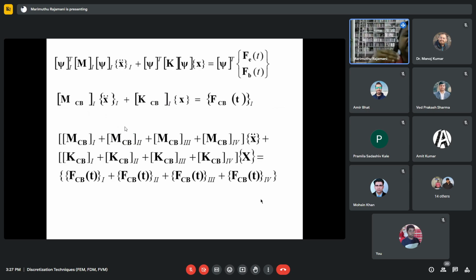And the interface mode shapes are provided back to the satellite group, where they will study how the mode shapes are. The frequencies they will anyway have with them, but the mode shapes they will be missing, because how the mode shapes are going to be when it has been assembled with the launch vehicle, that they will be missing.